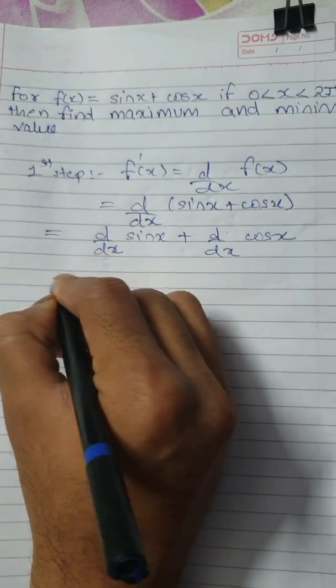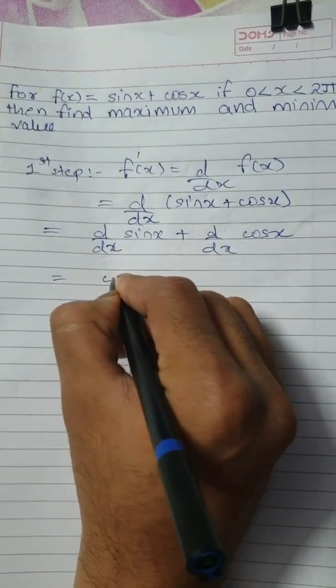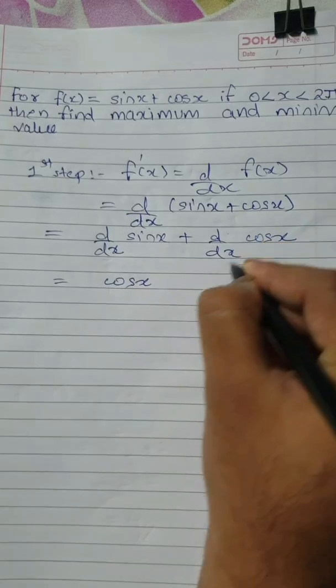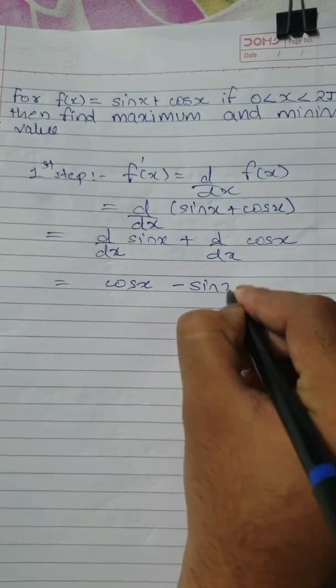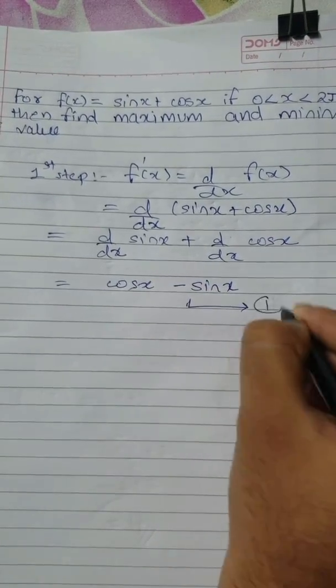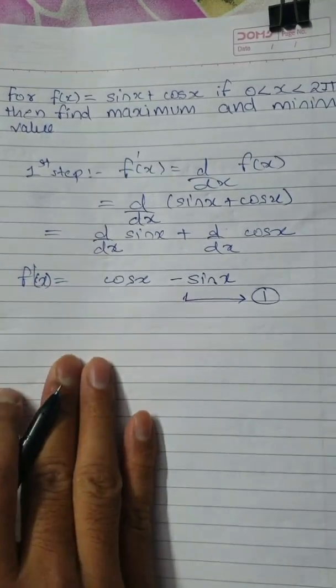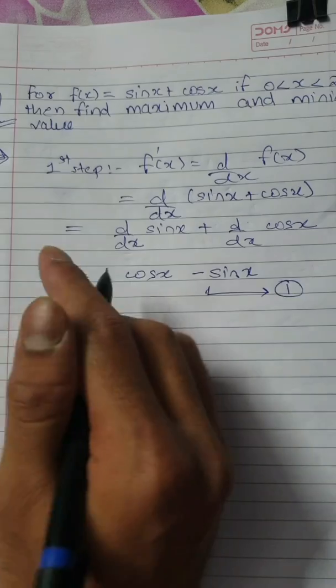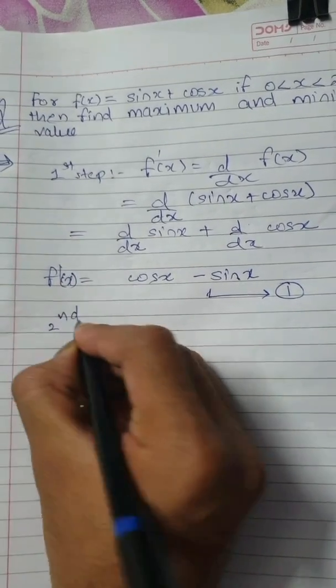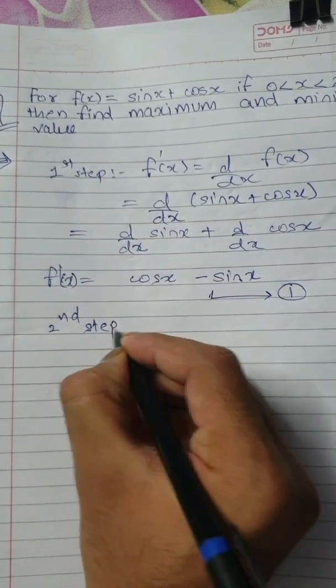As you all know, the differentiation of sin x is nothing but cos x, and differentiation of cos x is nothing but minus sin x. So here I have obtained the first equation, f dash of x as cos x minus sin x. Now let's proceed to the second step, that is to double differentiate it.